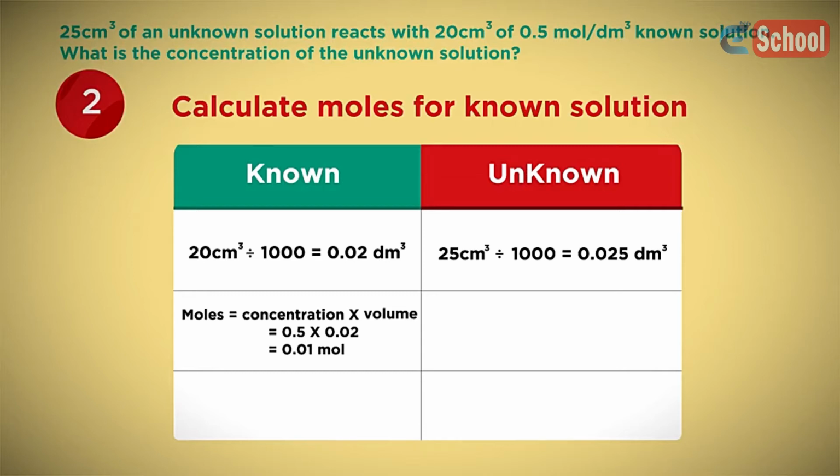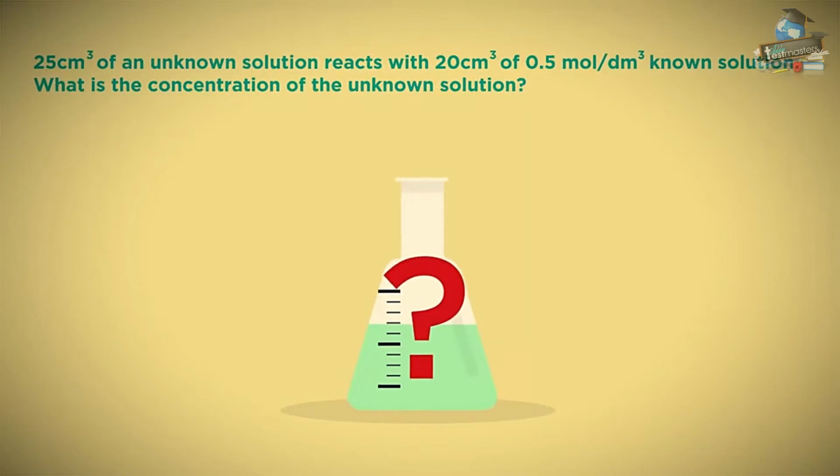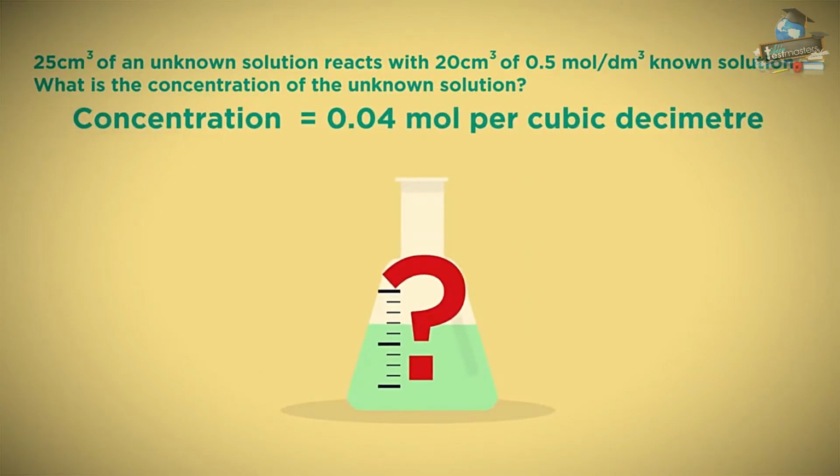Using this, we can now calculate the unknown concentration. The concentration of the unknown solution equals its moles divided by volume, which equals 0.01 divided by 0.025, which equals 0.4 moles per cubic decimeter. So the unknown solution was at a concentration of 0.4 mole per cubic decimeter.